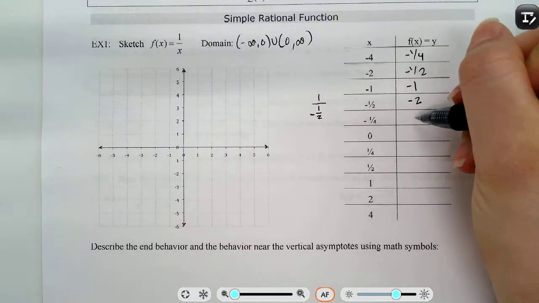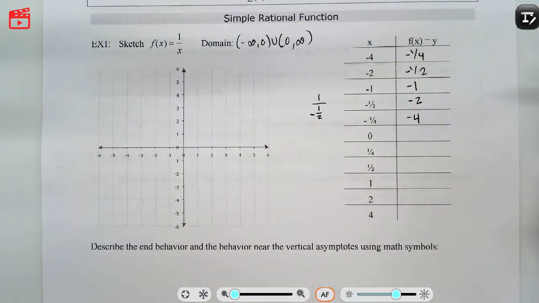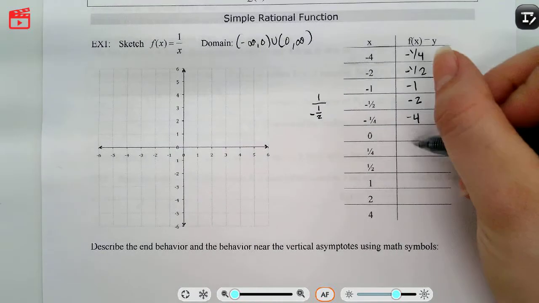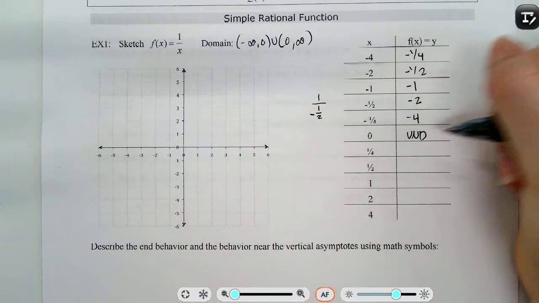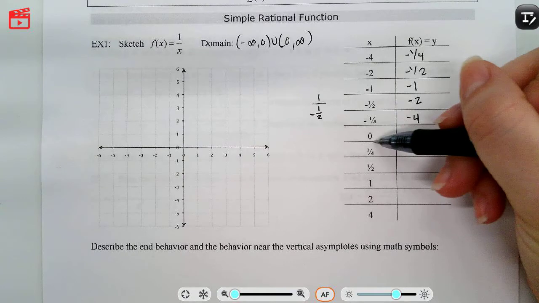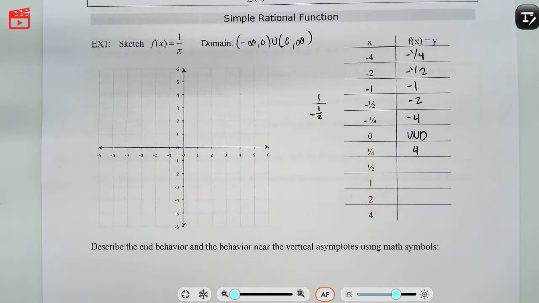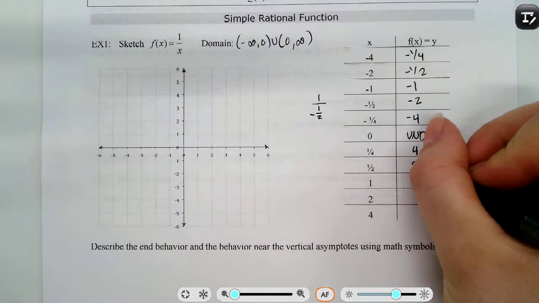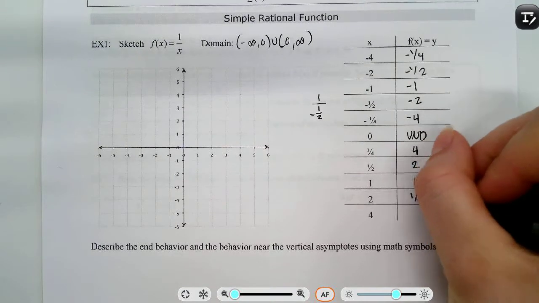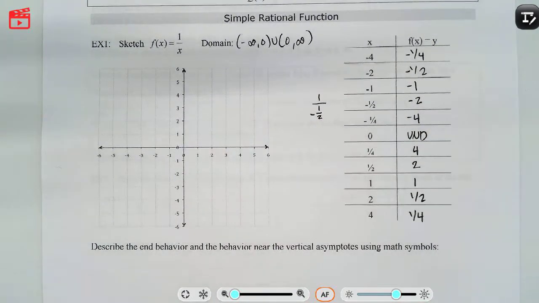Same thing will happen with the 1/4. That'll be negative 4. For 0, we can't have that. That's undefined. Then, same again with the fractions, it's going to be the reciprocal, except it's going to be a positive 4. Then a 2, 1, half, and a fourth.